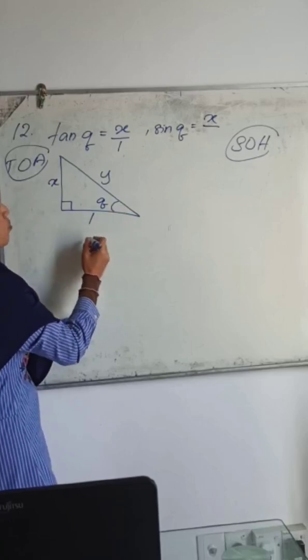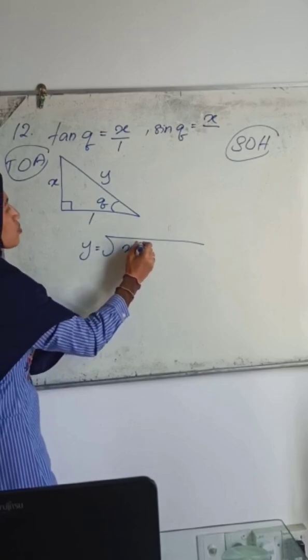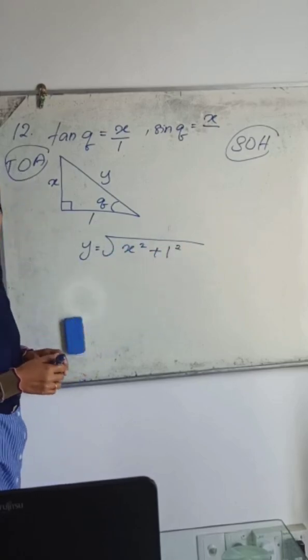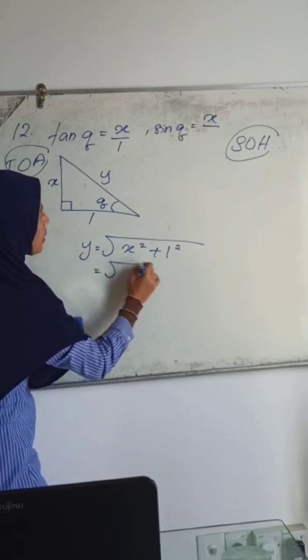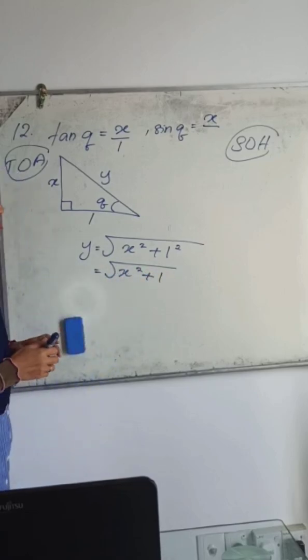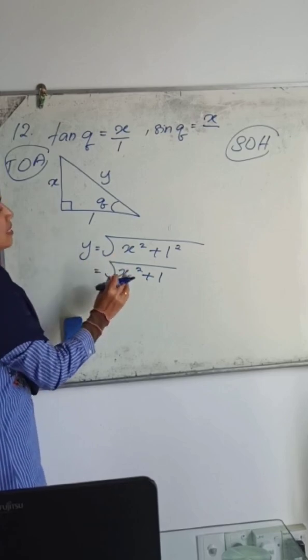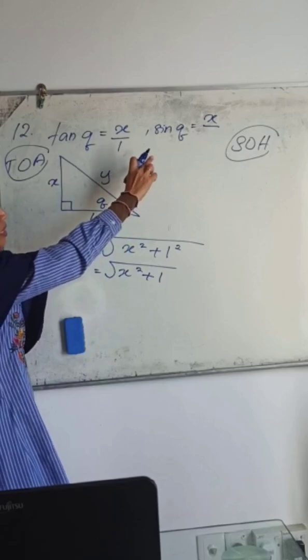So y is equal to square root of x squared plus 1 squared, so simplify, square root of x squared plus 1. Alright, so we can substitute into the equation.